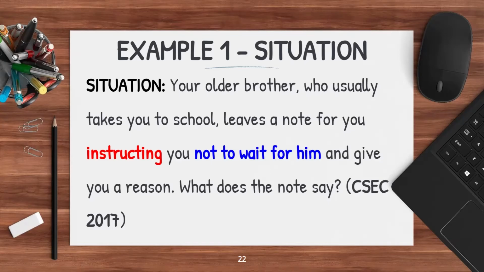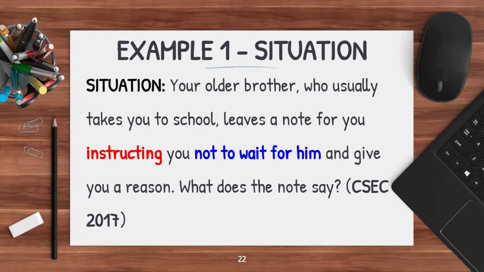It says, your older brother, who usually takes you to school, leaves a note for you instructing you not to wait for him and give you a reason. What does the note say?